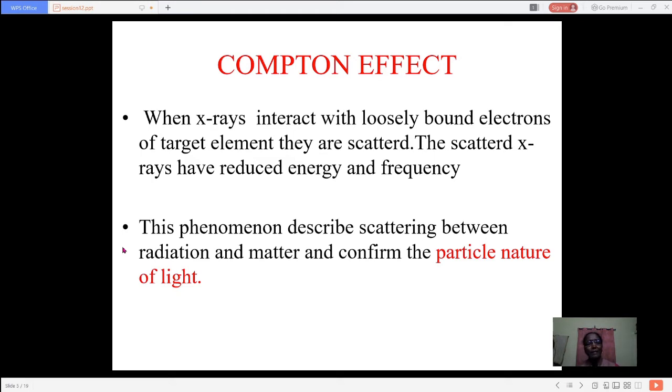The scattered radiation had reduced energy and therefore reduced frequency.